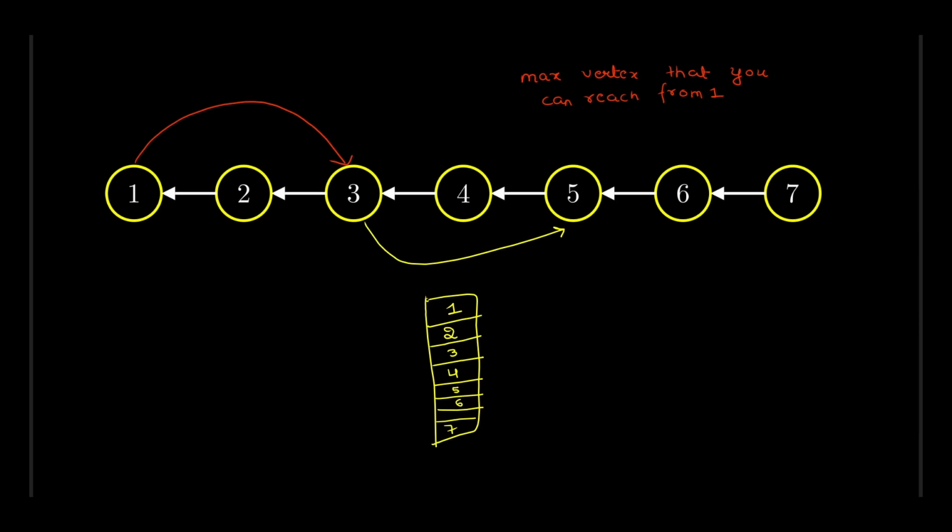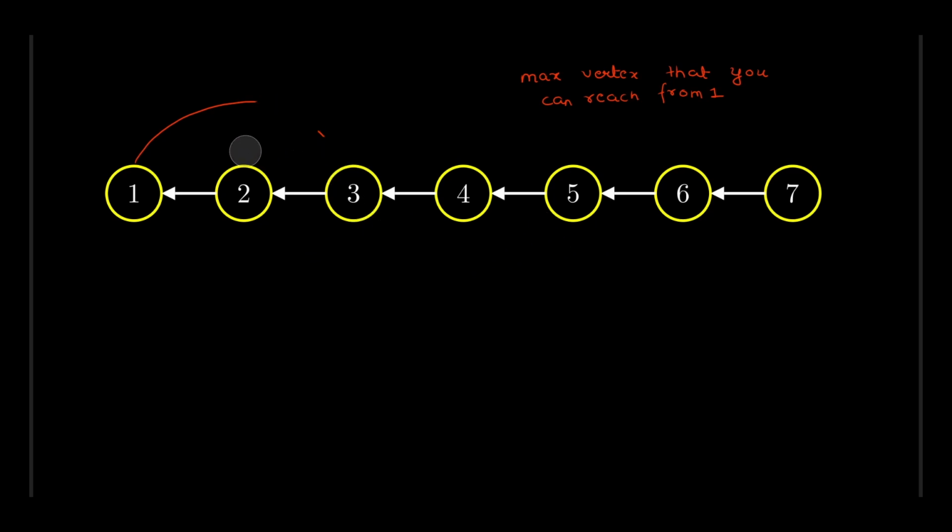So you can maintain this set, but one major flaw with this approach is that suppose your starting edge that you introduce, the first orange edge, is from 3 to 6.